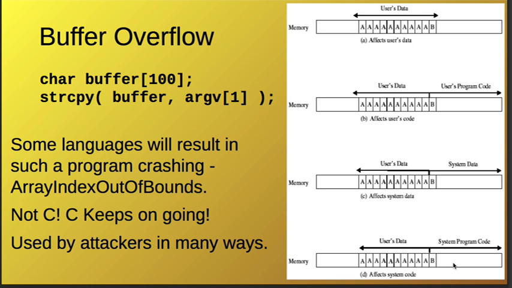Usually what happens is you can exploit the fact that if you have the user's program code, you could overwrite it quite a ways and not get in trouble. It used to be that this would not cause problems, but a lot of these security holes have been fixed by now. Attackers in the past have used this problem where you can overflow the bounds of a buffer and attack systems in many ways, and we'll see some of these.